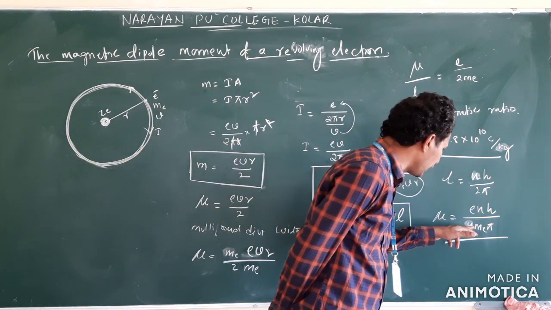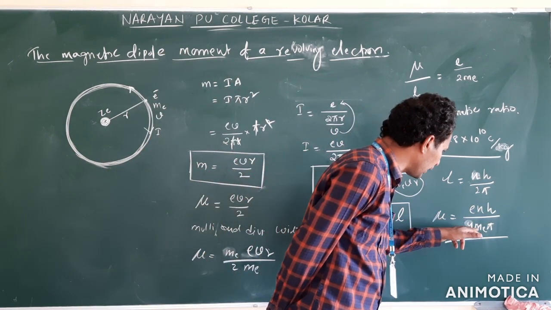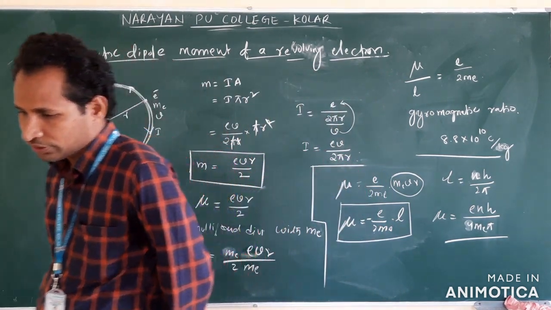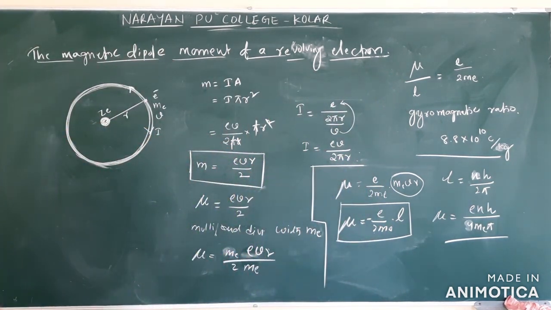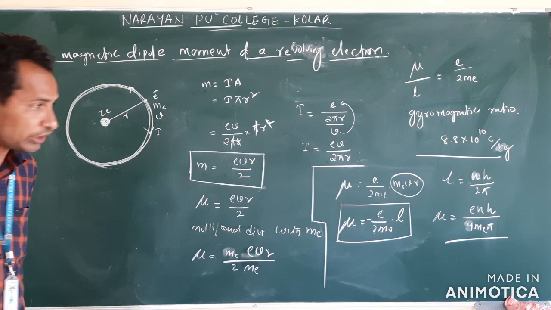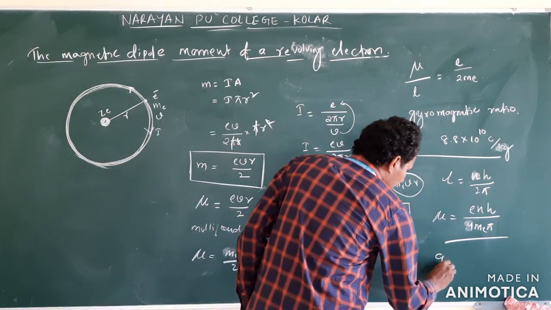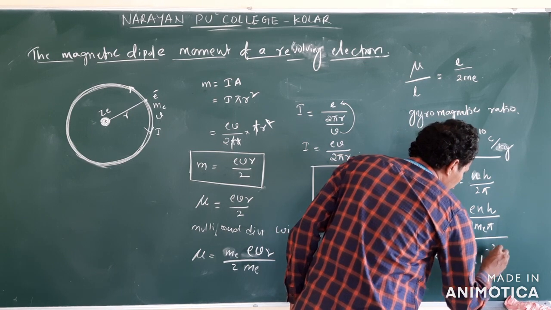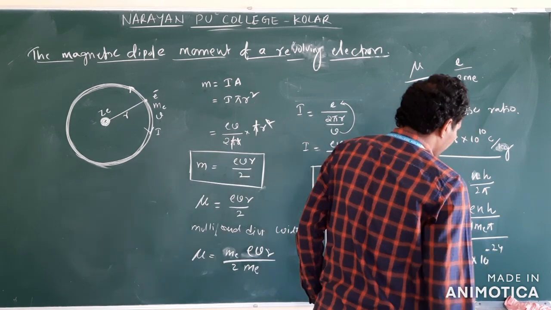E h by 4 pi m e is called the Bohr magneton. Clear? Now the Bohr magneton, if you substitute the values, that value is 9.27 into 10 power minus 24.